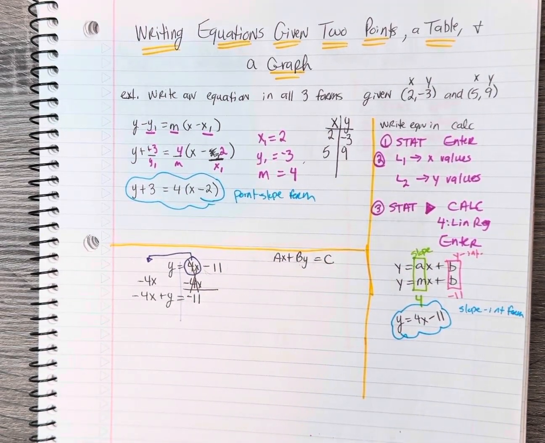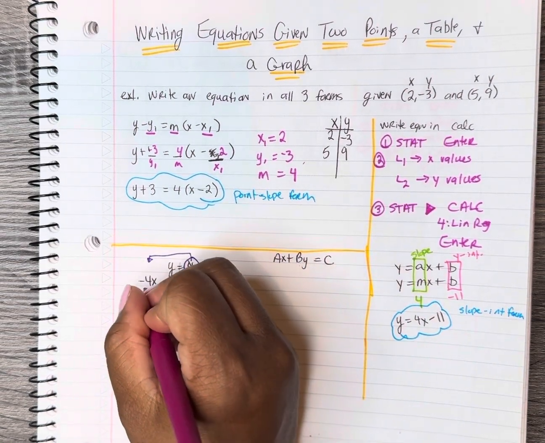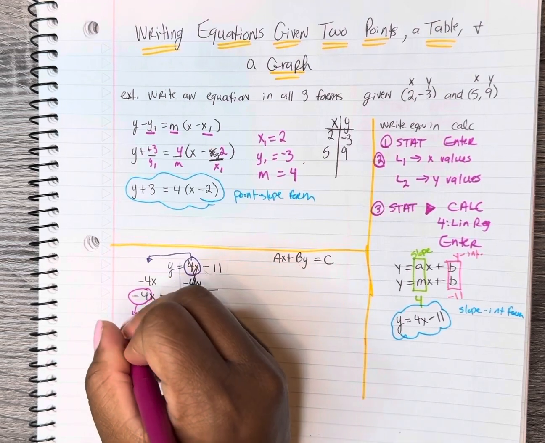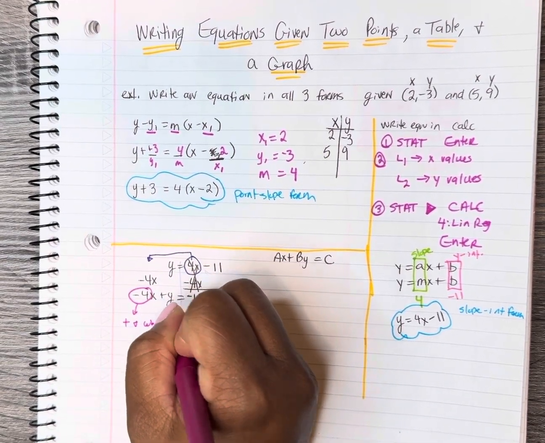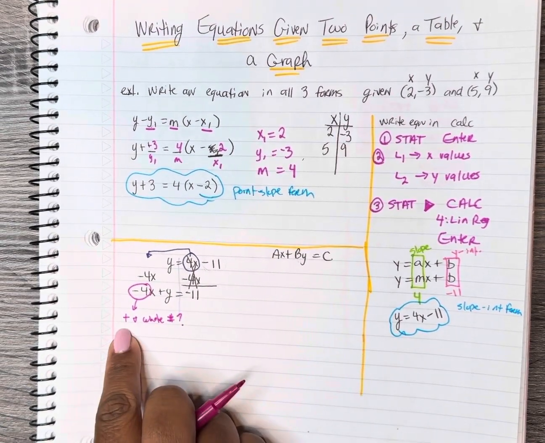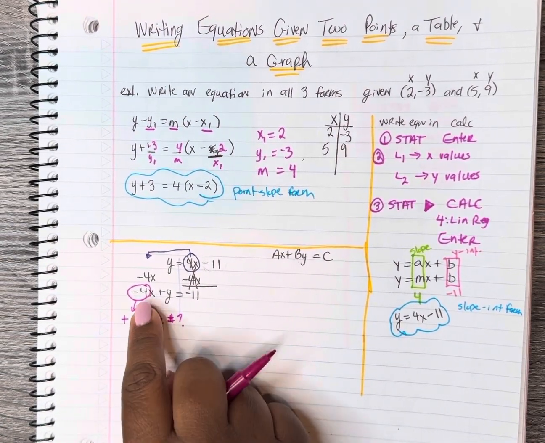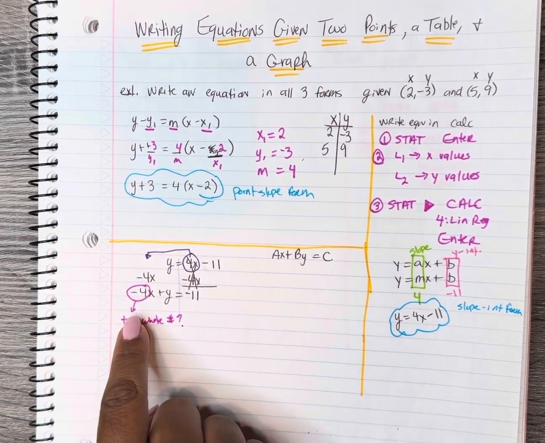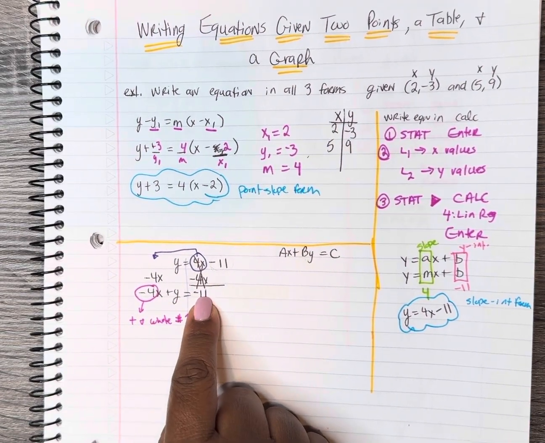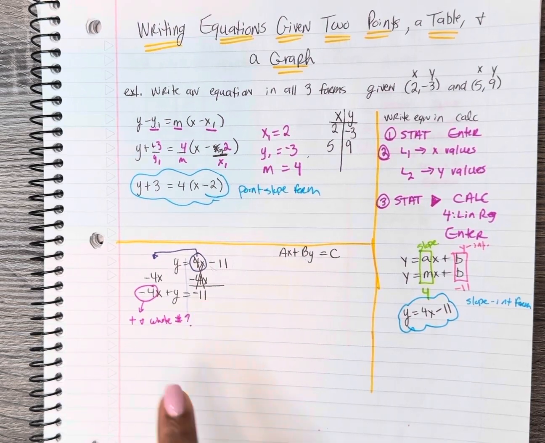The only thing we have to remember here is that our a has got to be positive and a whole number. And the question is, is it positive and a whole number? It is whole, but it's not positive. So to make it positive, we can multiply each term by -1 or just flip all the signs.